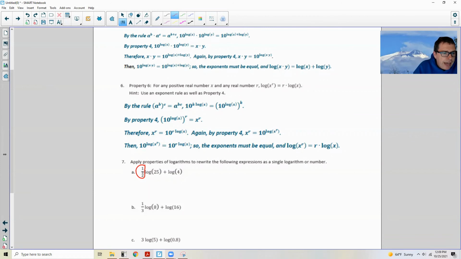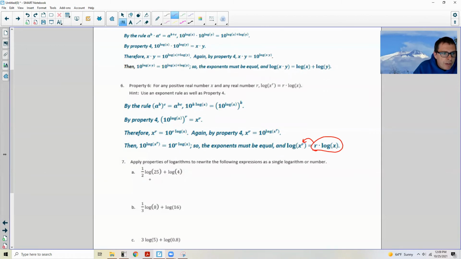Okay, so 1/2 times the log of 25. If we look over here, that would be r log x. Well, what's that equal? It's the log of that number, that x, but the r becomes the power. So this 1/2 will get moved up here. That's the first thing we need to do in this problem. I just wanted to show where that's coming from.